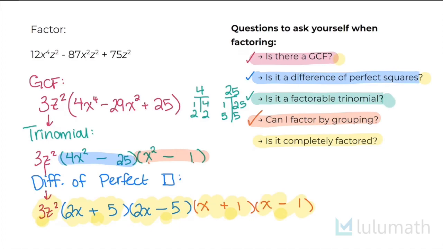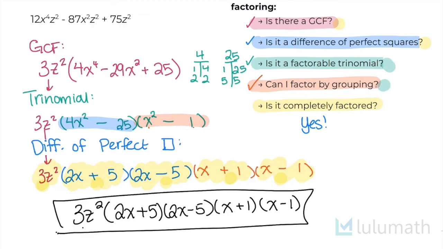Well, I have no trinomials as factors here, so there are no more factorable trinomials. And then to factor by grouping, I need at least 4 terms in each factor, which I don't have either. Meaning the answer to this question is yes, it is completely factored. Making 3z to the power of 2 multiplied by 2x plus 5 multiplied by 2x minus 5 multiplied by x plus 1 multiplied by x minus 1, our final answer.